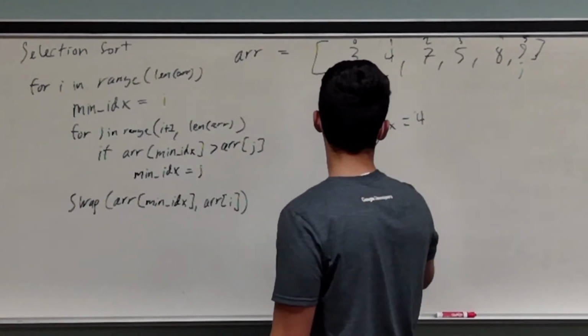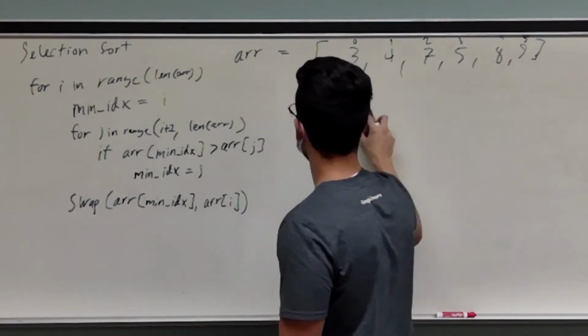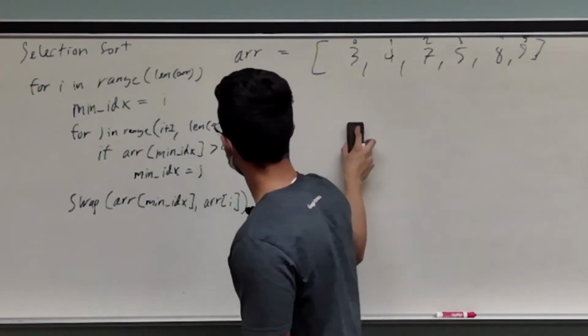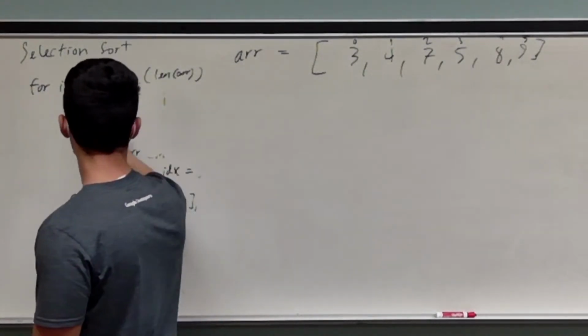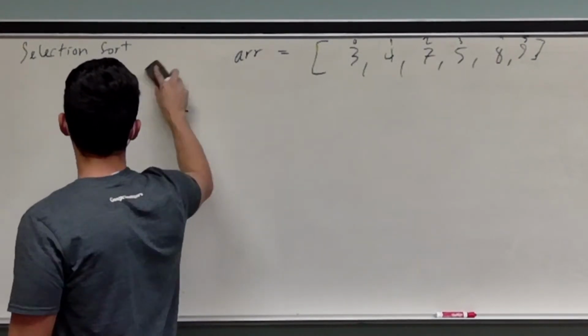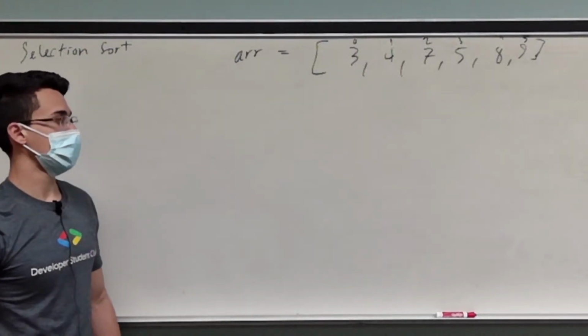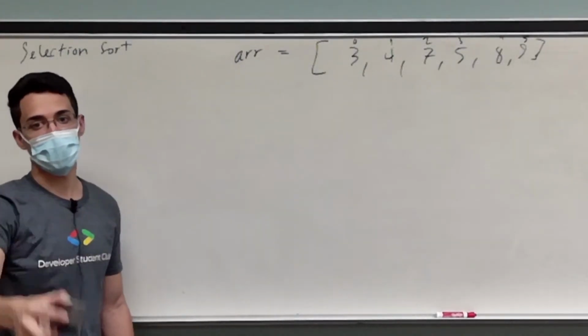Can we do better than this? Is it possible that we can improve something like this so that we don't have to get an n squared solution? Because it works, but it's not exactly efficient. So is there a better solution than this?